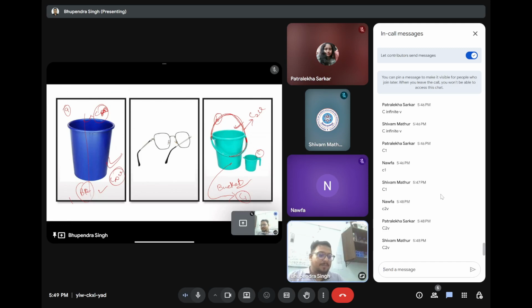And tell me how many planes you are able to see in this bucket in this condition when the handle is up. How many planes are there? I mean sigma v. 2. Yes. One is this and one is this. Okay, 2 sigma v. Okay, tell me the point group of this mug.